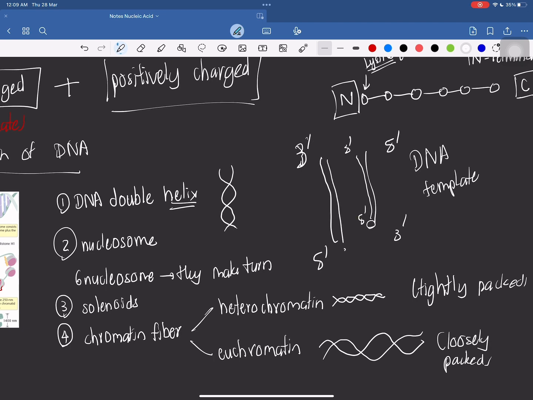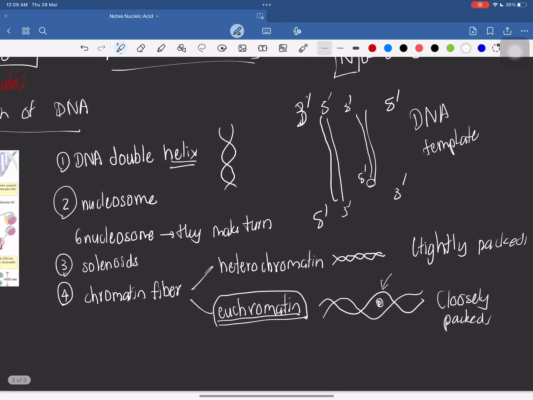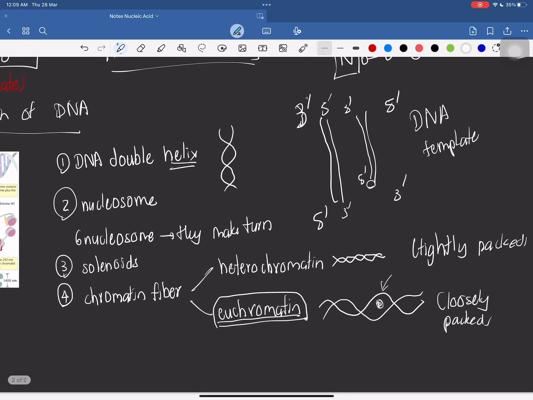For the enzyme to bind to the template, they have to be loose so the enzyme can go in. So in order for DNA replication or transcription to occur, the chromatin fiber should be in the euchromatin state, so the enzyme can bind and the process can happen.